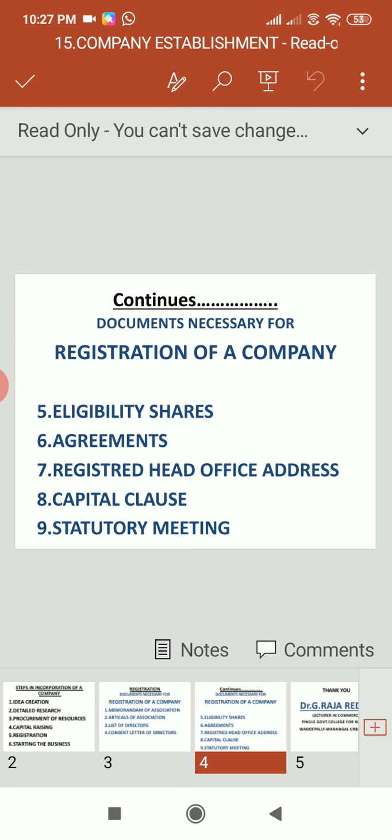What are the different parts of the capital? Equity capital, preference capital, debentures, like that. Statutory meeting is the compulsory and last step in the public limited company.